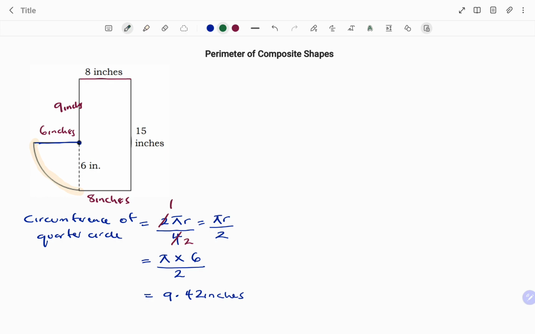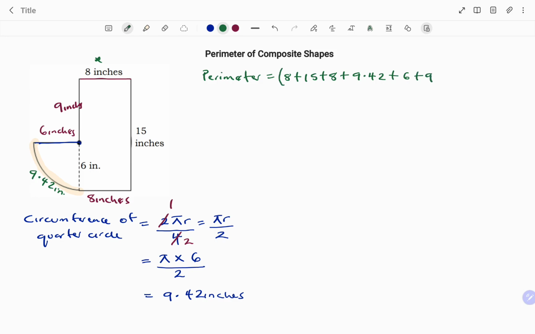Therefore, to find the perimeter of the composite shape, we're going to add all the sides together. We have the length here to be 9.42 inches. Starting from the top, and making sure you account for every side, we have 8 plus 15 plus 8 plus 9.42 plus 6 plus 9.